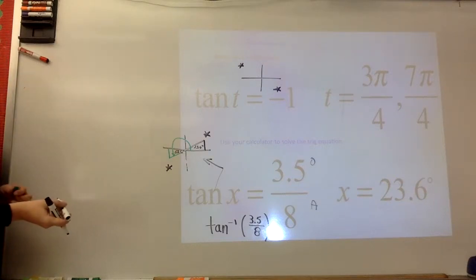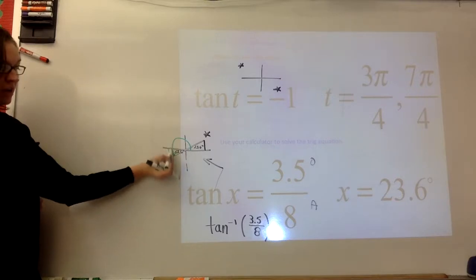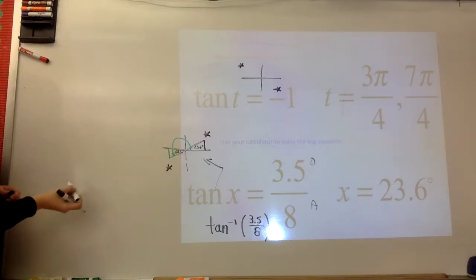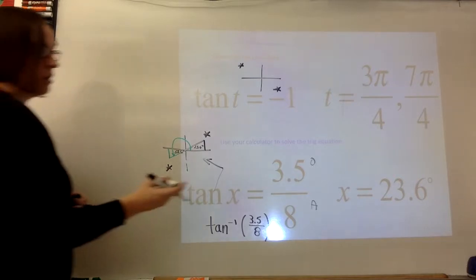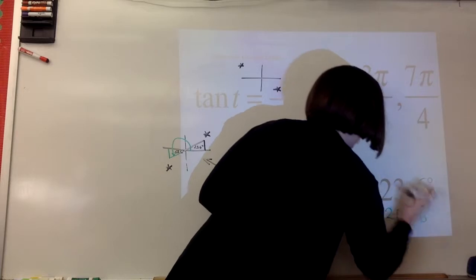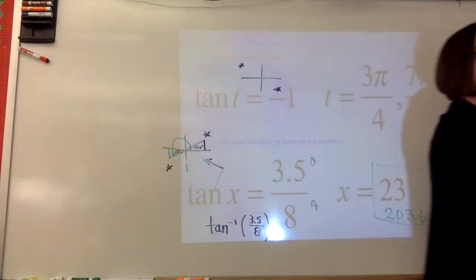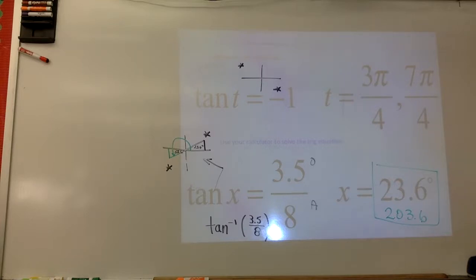How much is that entire swoop? This little one's 23.6. How much is it if I start from here and go all the way around? 203.6. I actually have 2 solutions for this, not 1. Look. Does that make sense?